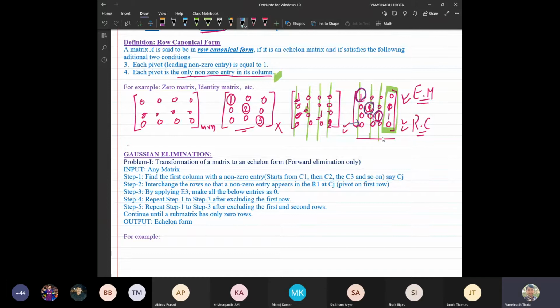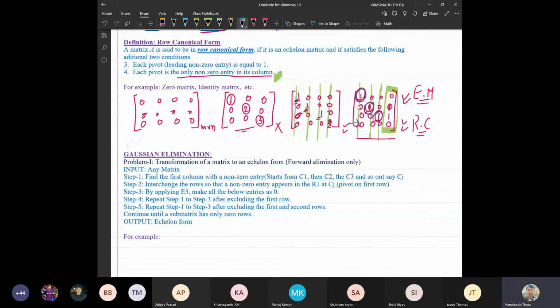So for the fourth condition, we need to check only the columns in which there is a pivot entry. For example, in this column, yes, there is a pivot entry, and hence we need to check here. The pivot entry should be the only non-zero entry. All the other entries should be 0.